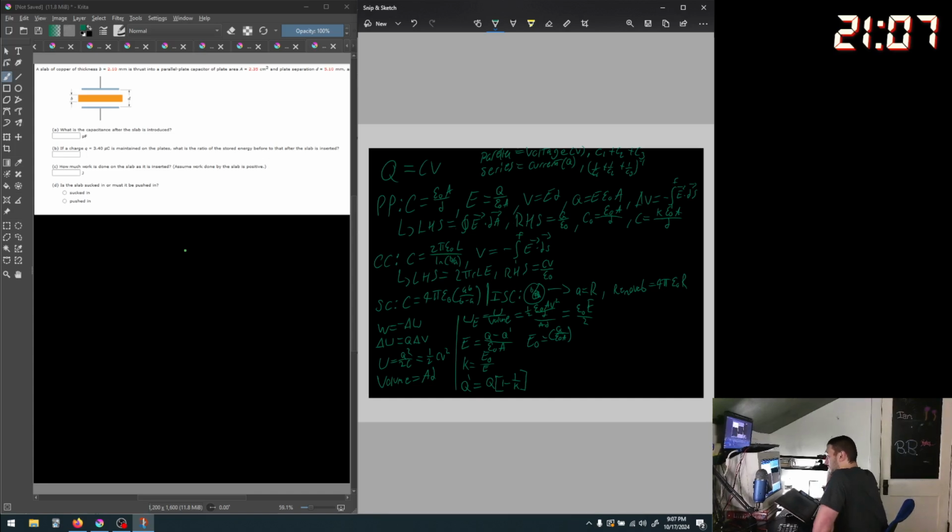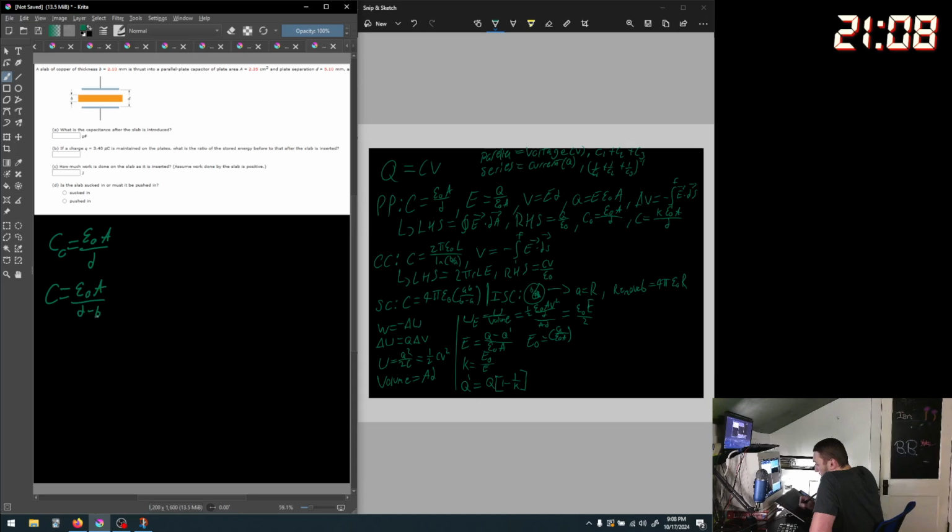So from here now, what we have and what we can do is C0 equals epsilon 0 A over the distance. C equals epsilon 0 A over D minus B, which is the difference made up here. So I do want to find both of these.